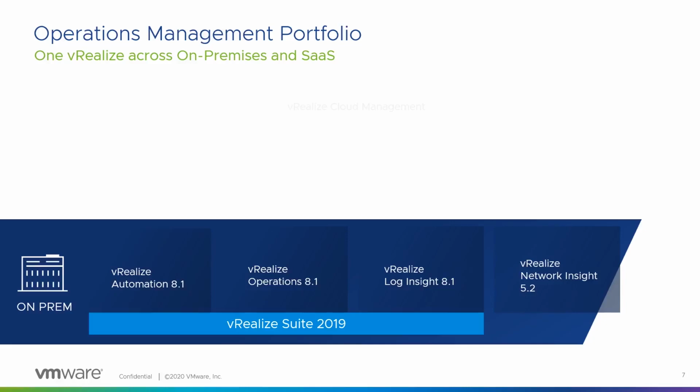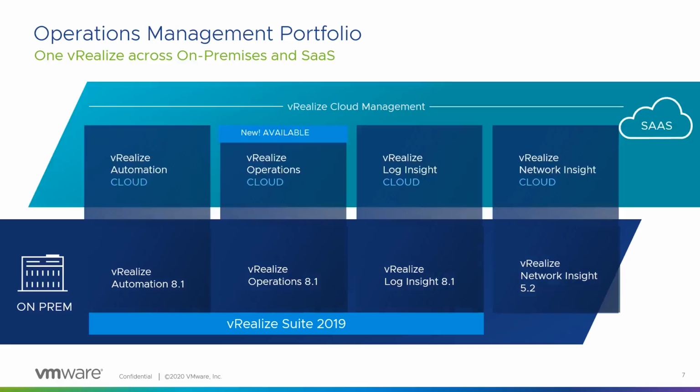But VMware has, of course, been focused a lot on SaaS lately, so not only VMware Cloud on AWS, but also being able to offer our vRealize products as SaaS offerings. So, of course, vRealize Automation Cloud, vRealize Log Insight Cloud, Network Insight Cloud. We've had these solutions around for some time now, but we now have vRealize Operations Cloud available today.